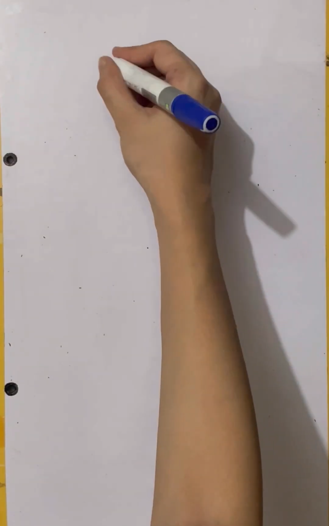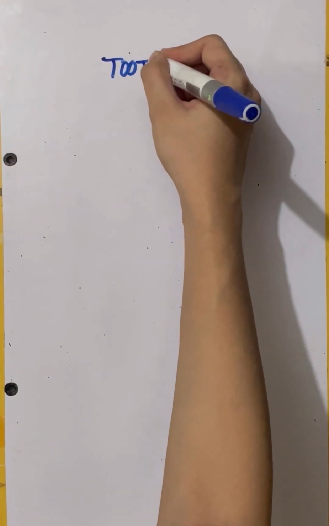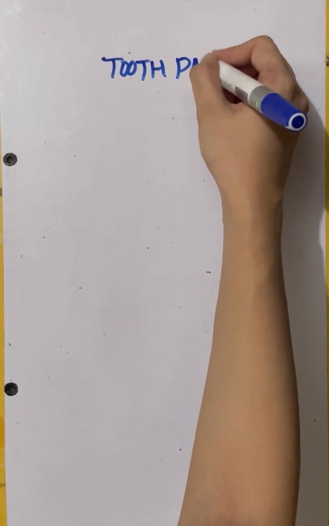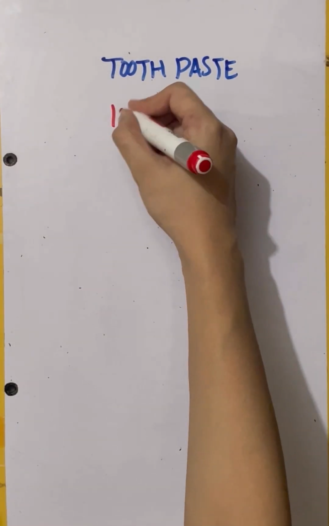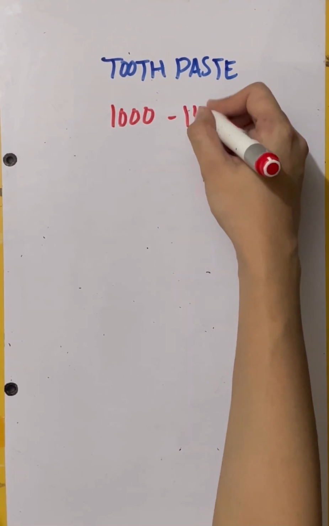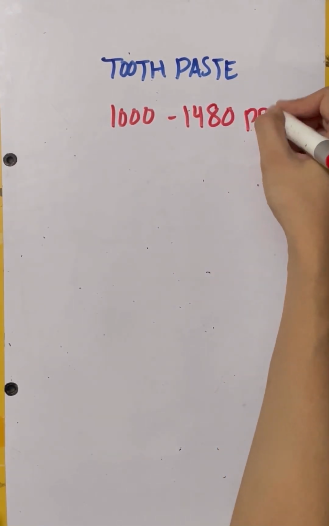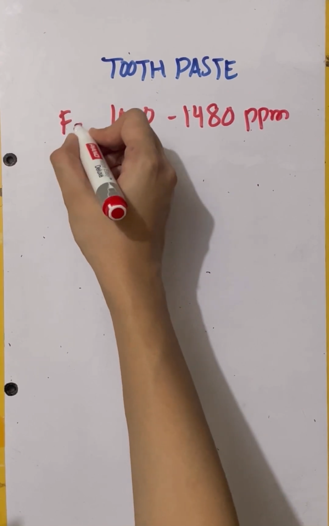The next source of fluoride is toothpaste. A toothpaste should contain 1000 to 1480 ppm fluoride.